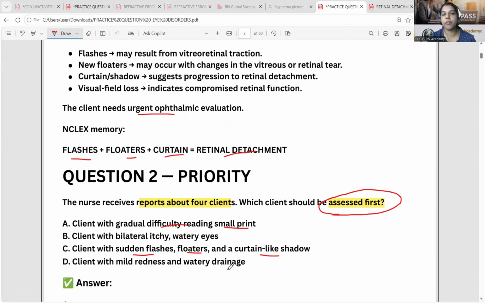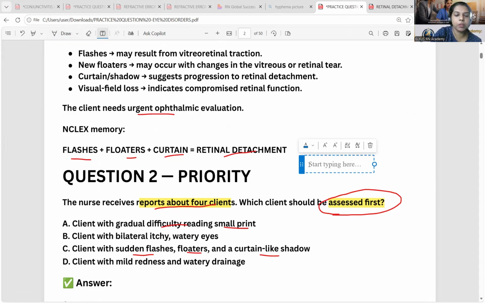When we get this kind of question, they will give multiple scenarios and ask which patient needs immediate attention. You can use the strategy here: stable versus unstable. You can choose which ones are stable conditions and which are unstable situations.